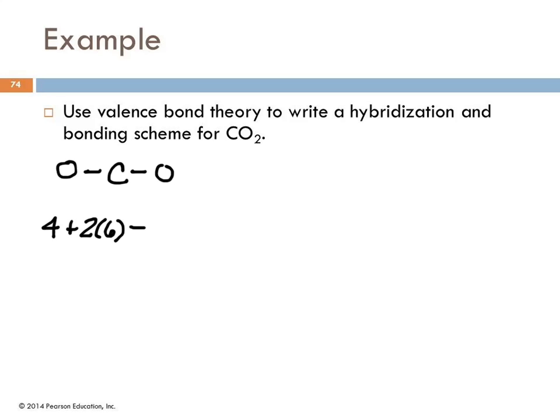So 12 and 4 is 16. And we go 2, 4, 6, 8, 10, 12, 14, 16. We ran out. So we're going to make some double bonds. That was helpful, but not quite enough. And so we'll take these guys off and move them in here. And we come up with this for our Lewis structure.